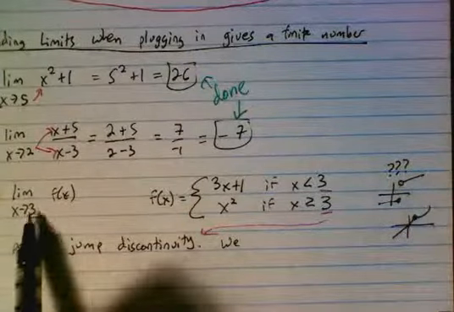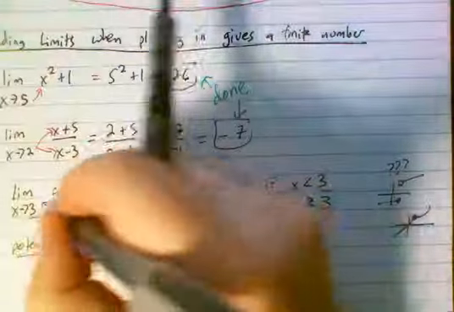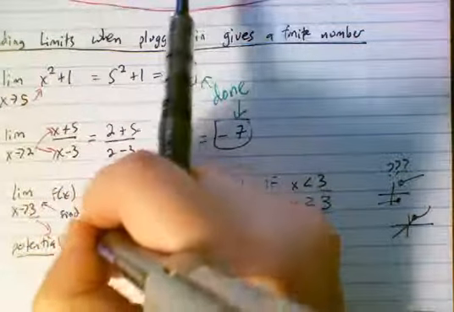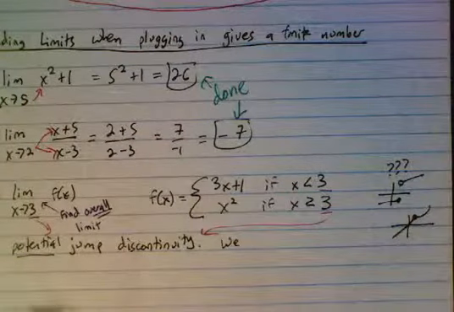So if we want to find the overall limit of this one right here, find overall limit, then we need to find the left limit and the right limit and put them together.